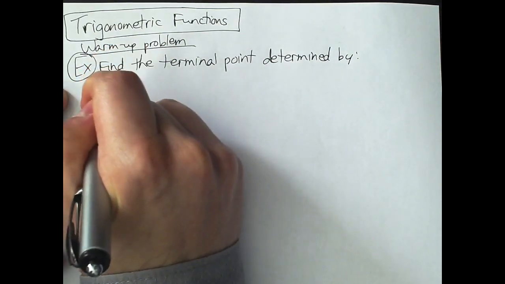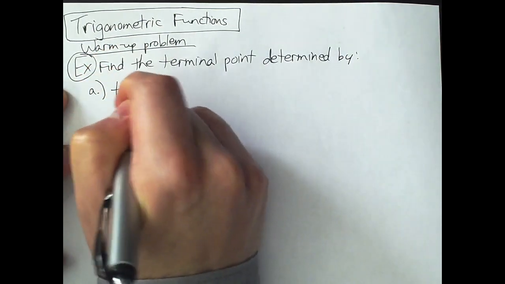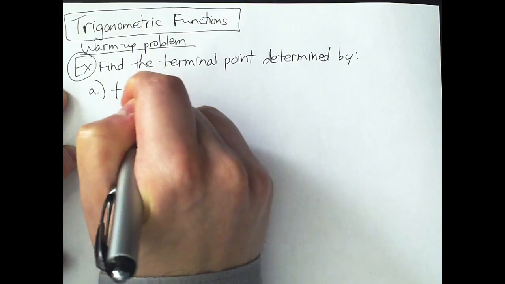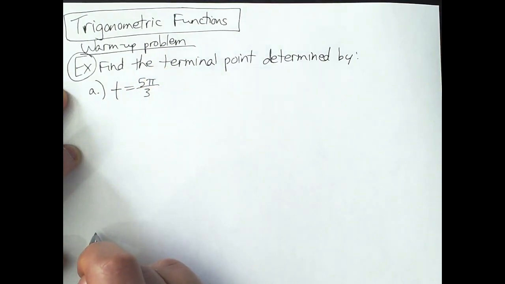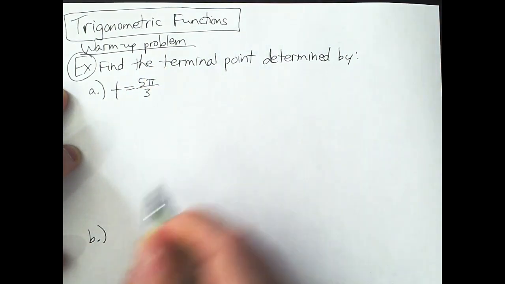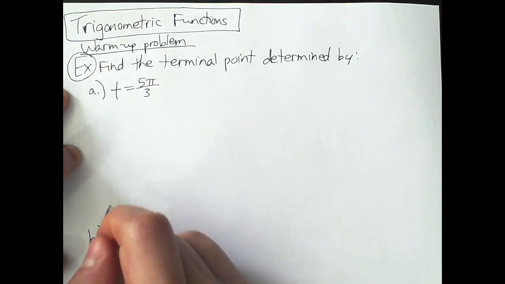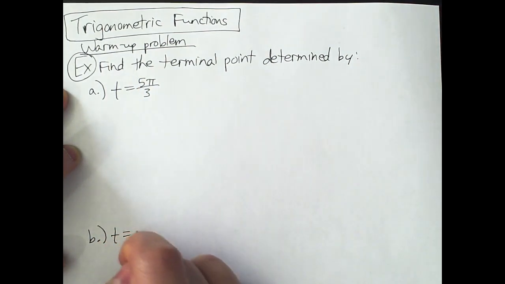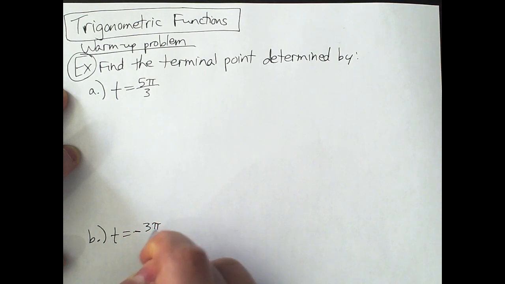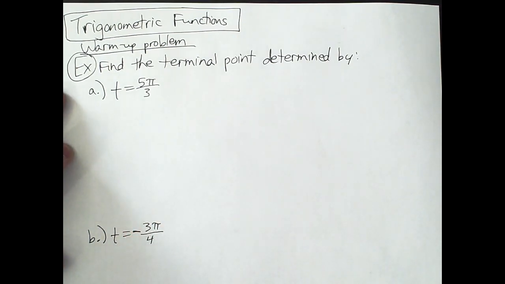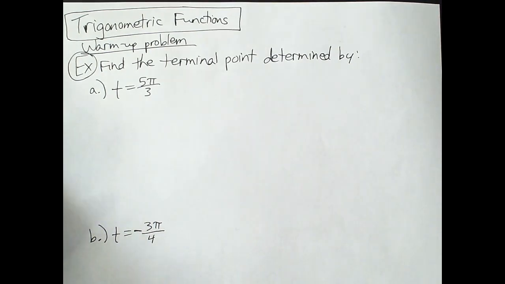Part A, determined by t equals 5 pi over 3. And part B, we'll leave some space for part A. Part B is going to be t equals negative 3 pi over 4. So I'd like you to pause the video, take some time, and see if you can do both of these.